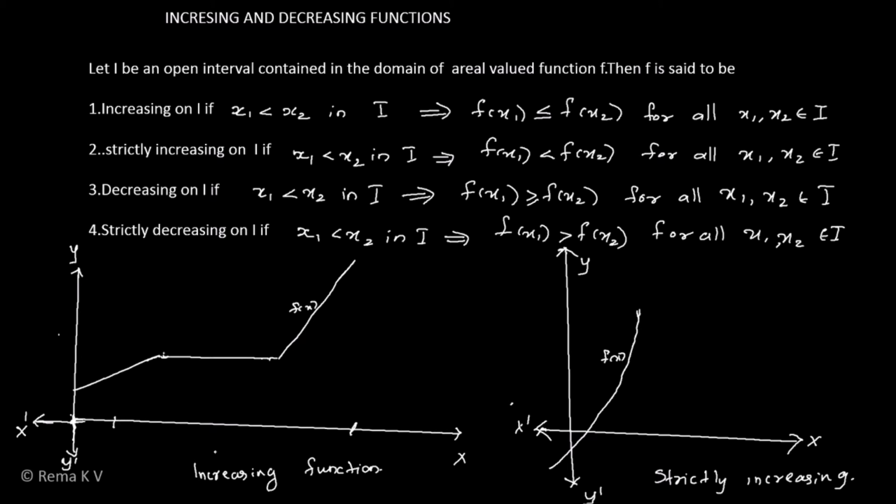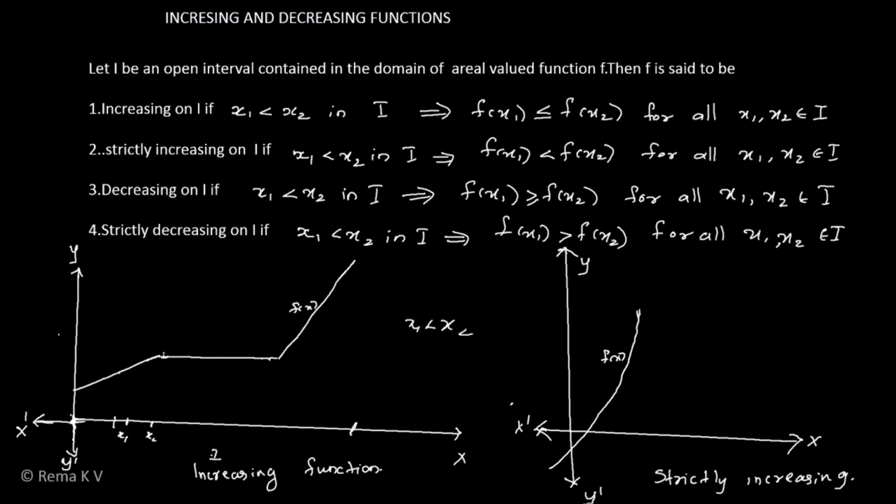Let this be equal to I. Let us consider any two points x1 and x2 here. You know that if x1 lies to the left of x2, then x1 is less than x2.